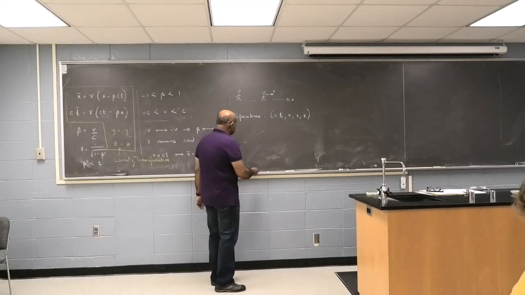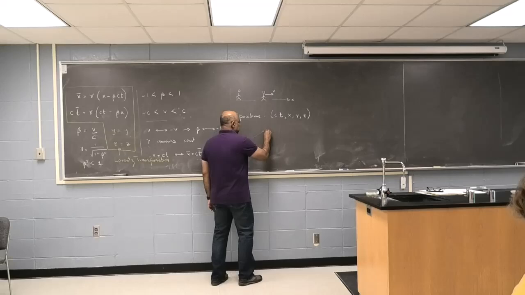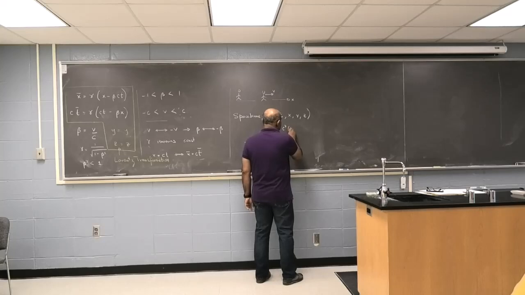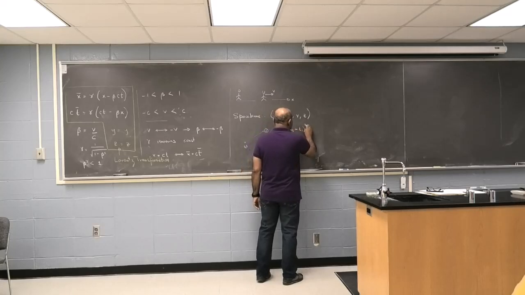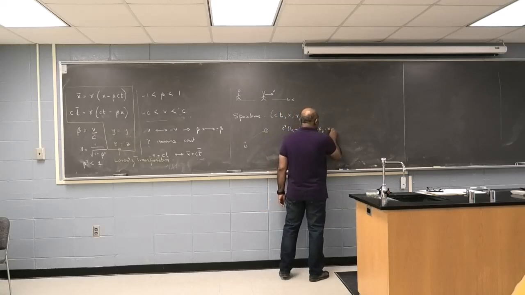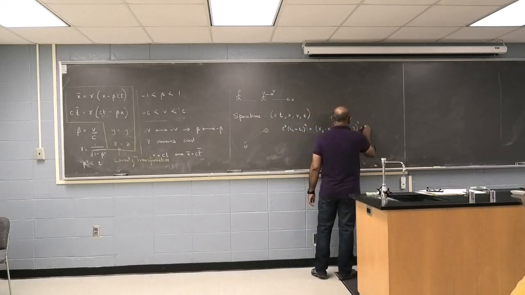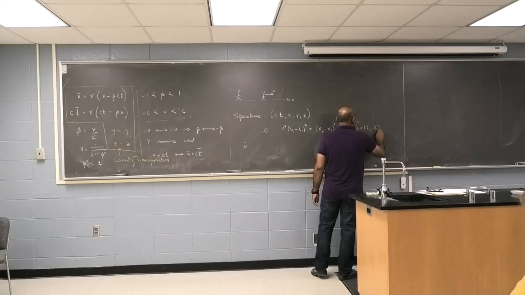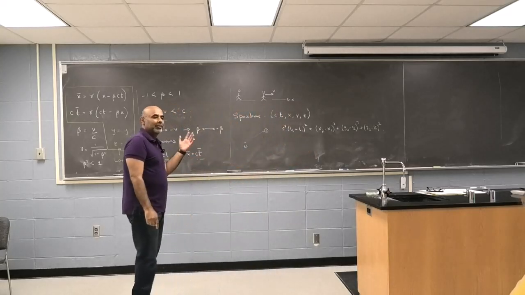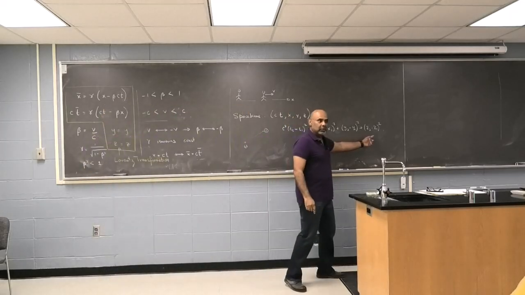If this is point 1 and this is point 2, I would have c squared times (t2 minus t1) squared equals (x2 minus x1) squared plus (y2 minus y1) squared plus (z2 minus z1) squared. Correct? I just squared it because it could be plus c or minus c, so when you square it, it goes away. This is sort of the Pythagorean length squared.